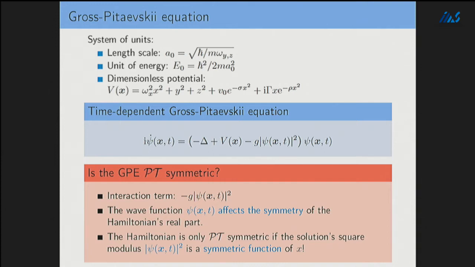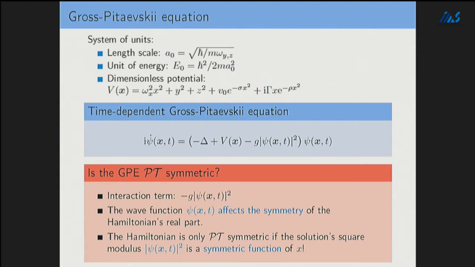This brings us already to a first question we can ask, because if we always speak about PT-symmetric quantum systems, we speak about linear systems, and here it is clear that if the potential I showed fulfills this condition, it is PT-symmetric. In these nonlinear equations, we can ask an additional question, because we have this nonlinear part, and obviously we can consider this to belong to the real part of the potential, because everything here is real.